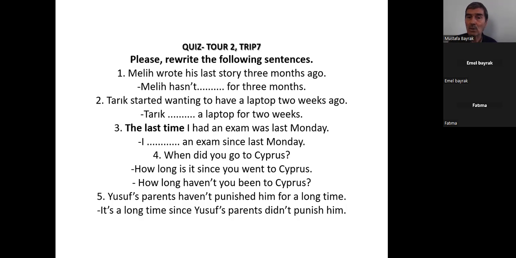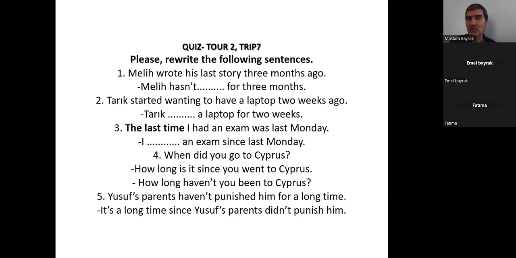4. When did you go to Cyprus? How long is it since you went to Cyprus? How long haven't you been to Cyprus? What was the question here? Okay, for example, when did you go to Cyprus? I went to Cyprus last year.